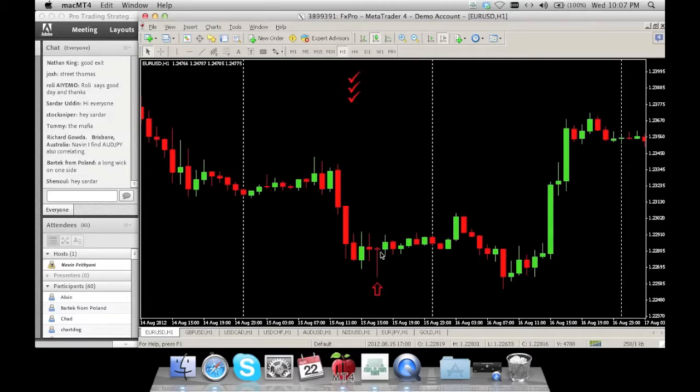The tail should be big enough, it should stick out, there should be some open space on the left of it. And also four, not so strong, but your previous candle should not be bigger than your exhaustion candle. If that's the case, then the strength is way too strong, and the exhaustion candle just might not work.